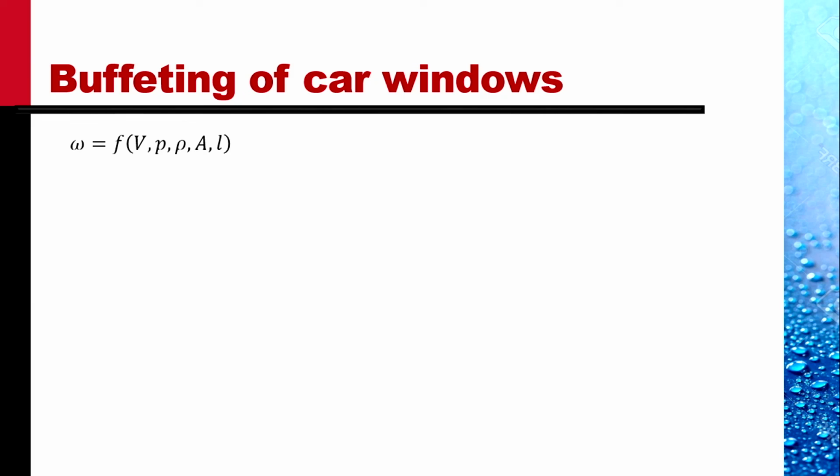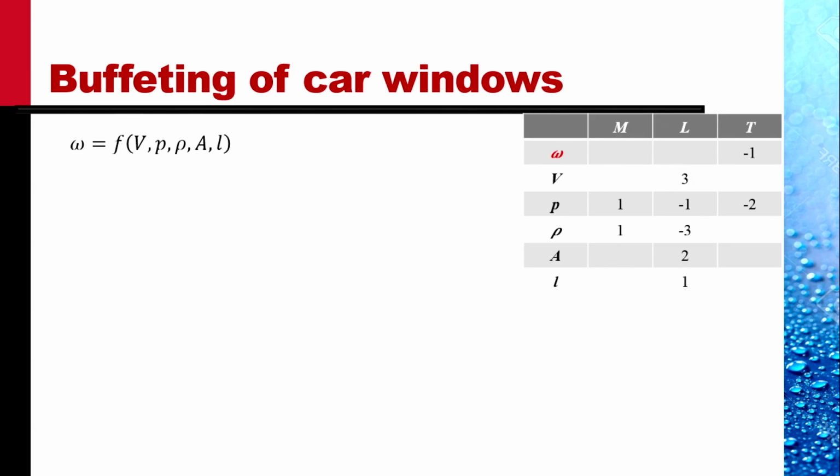So the frequency of this resonator is a function of V, the volume, which in our case would be the volume of the cabin of the car, P, the air pressure, rho, the air density, A, the area of the open window, and L, the thickness of the neck that is formed by the open window.